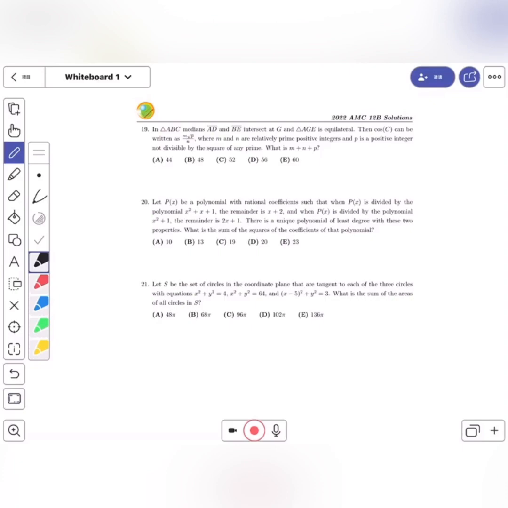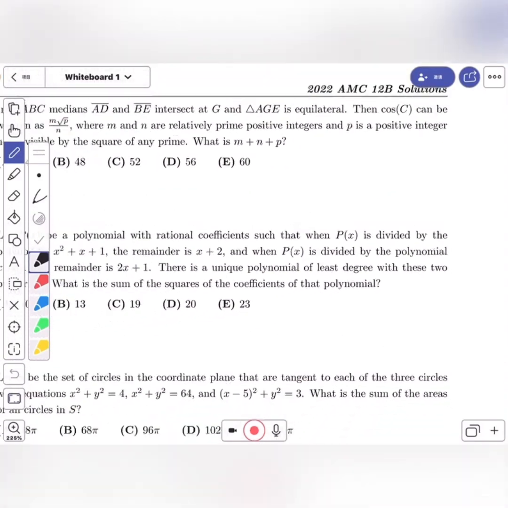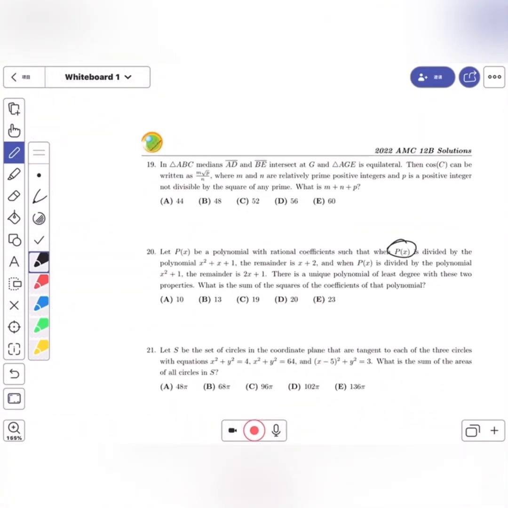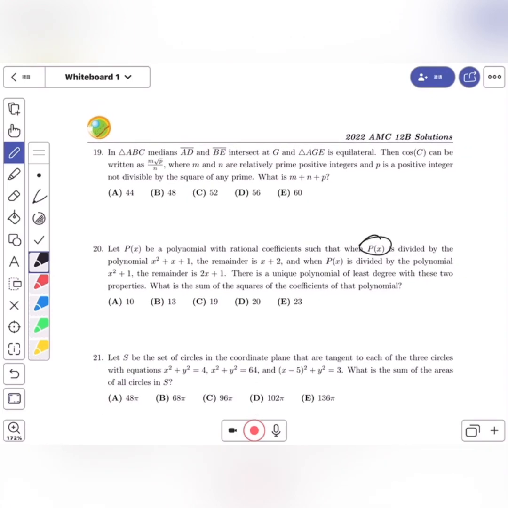Okay, alright. Now, let's just try to express p of x in terms of these two conditions. So first, when p of x is divided by the polynomial x squared plus x plus 1, the remainder is x plus 2.